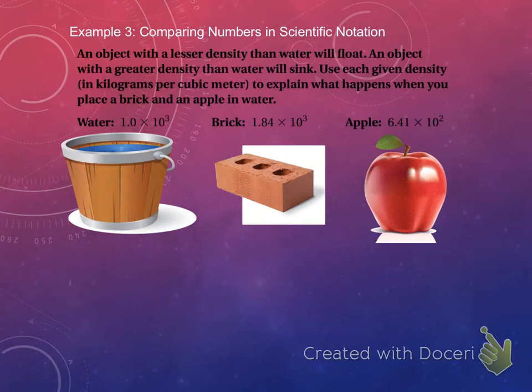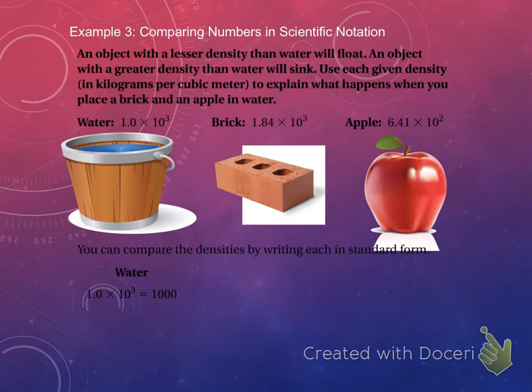So first off, we're going to look at 1.0 times 10 to the 3rd. Remember, the exponent is positive, so we're going to move that decimal point to the right, the 3 units. So we move 1, 2, 3, and we end up with 1,000.